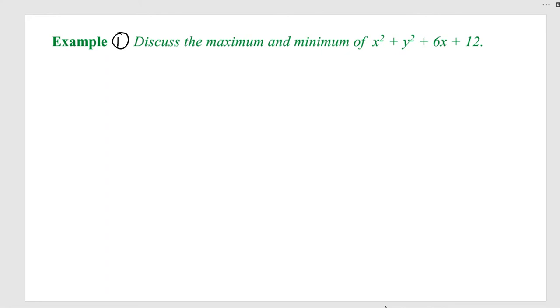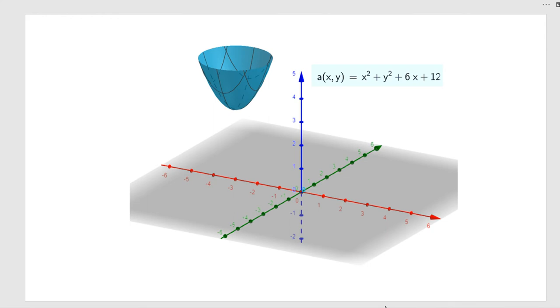For this function, let us try to calculate. f(x,y) is given as x square plus y square plus 6x plus 12. Now if you try to plot this function, it will look like this form. As you can see, this is a convex function, concave upward.